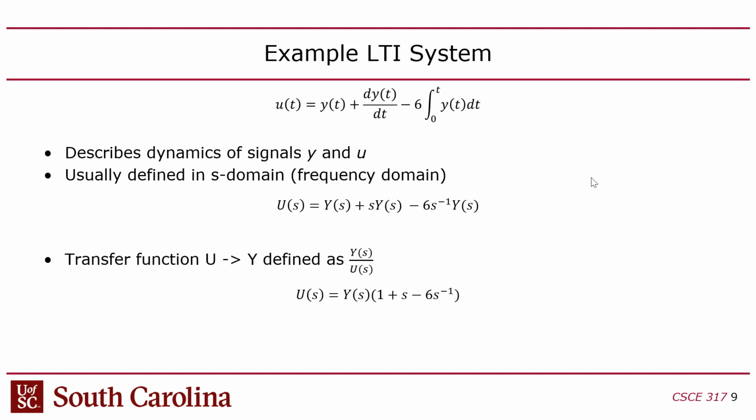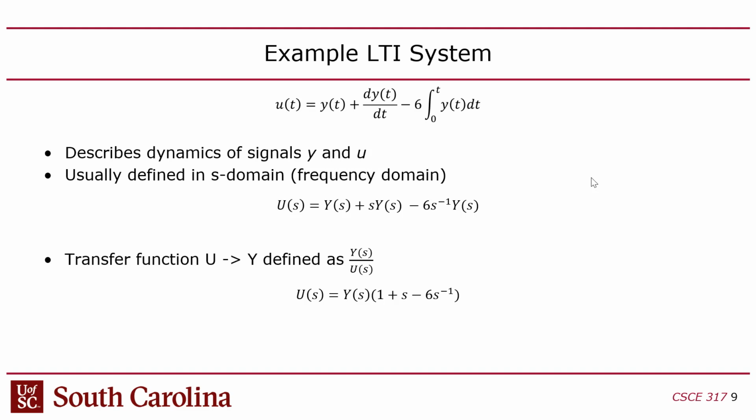In this case, in order to get this transfer function, I have to do a little work here. On the left-hand side, I don't have to do much, I leave that alone for now. If you look at the right-hand side of this equation, I factor out Y of S, and I get Y of S times 1 plus s minus 6s to the minus first power.